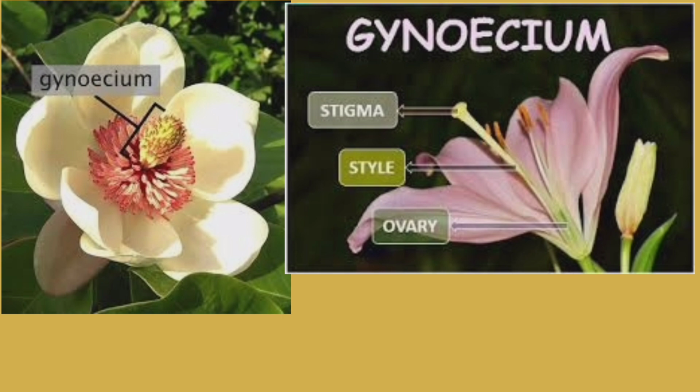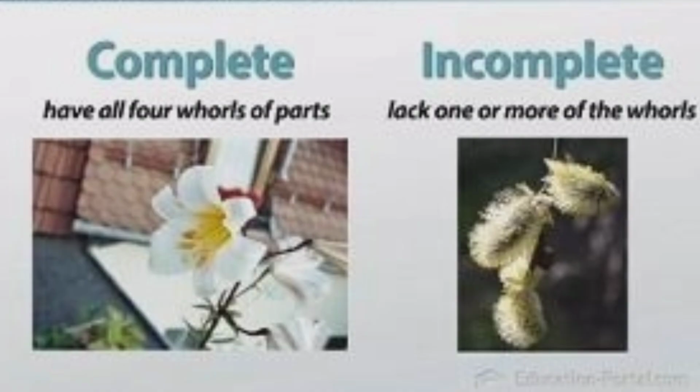Then we are going to discuss types of flower. There are mainly two types of flower. First, complete flower, and second, incomplete flower. What is called a complete flower? A flower consisting of all four whorls, that is calyx, corolla, androecium and gynoecium, is called a complete flower. China rose, pea and mustard are examples of complete flowers.